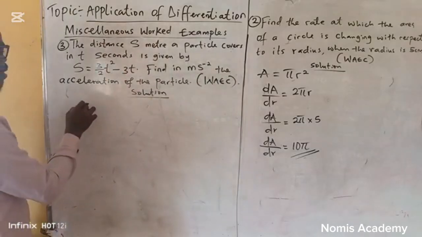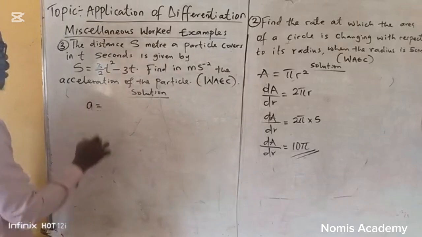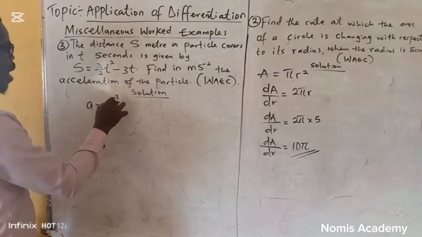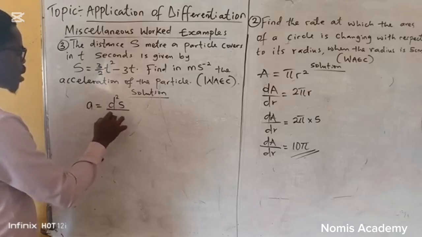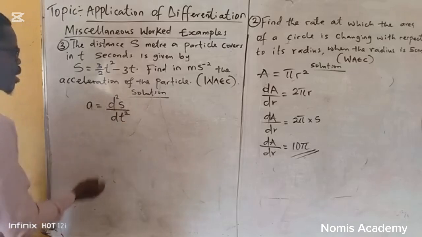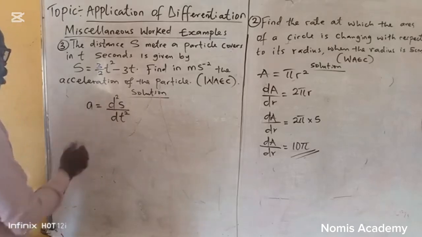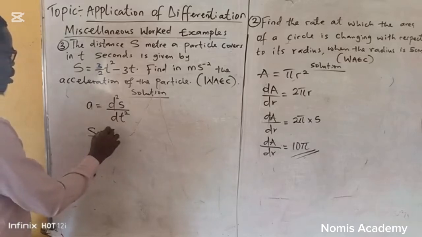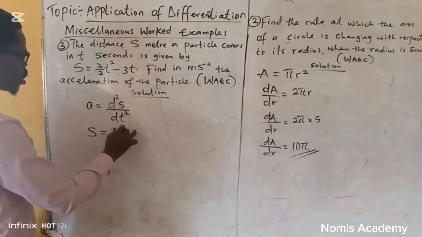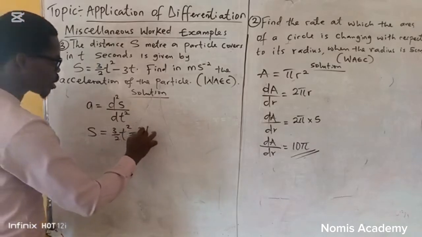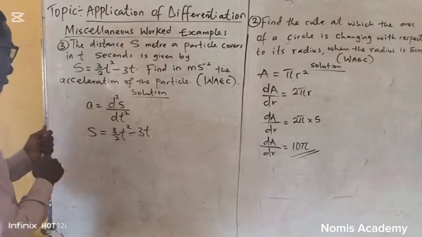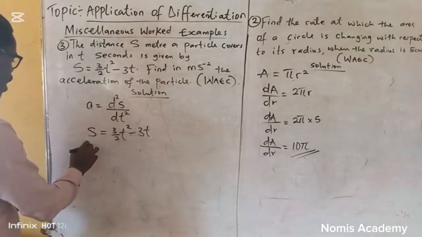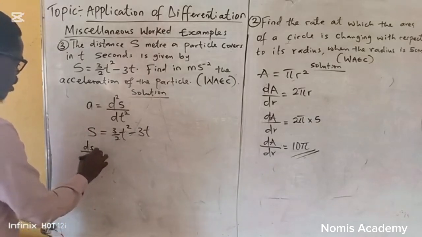Now we know that acceleration is given as d squared s over dt squared. Now since we have the function given to be s equal to 3 over 2 t squared minus 3t, we are going to differentiate this, and that will be ds over dt.